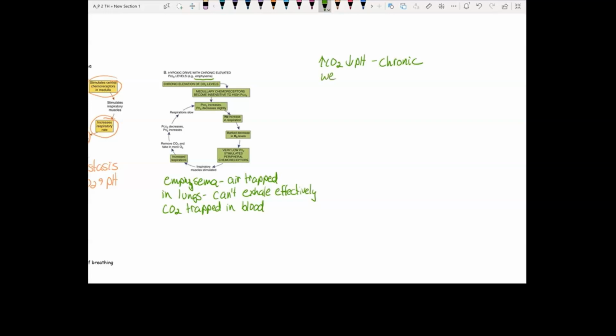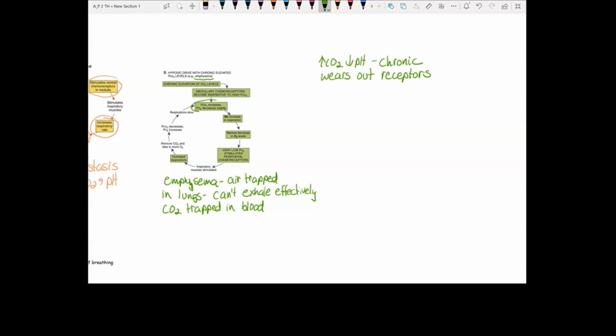This wears out the receptors. If it's chronically high for the carbon dioxide and chronically low for the pH, those receptors are working so hard trying to tell your medulla oblongata, and eventually they just get worn out because they constantly have to work hard. So now they don't work anymore.